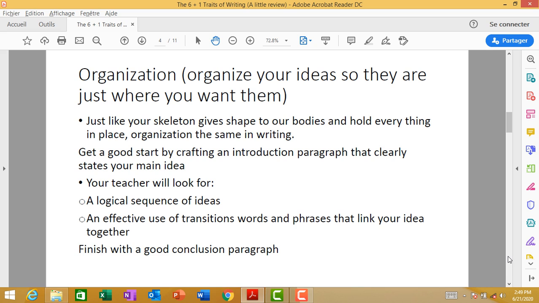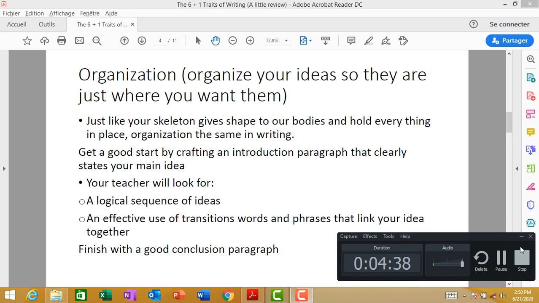So what you do is start by crafting an introduction paragraph that clearly states your main idea. Things that your teacher will be looking for will be a logical sequence of ideas, an effective use of transition words and phrases that link your ideas together. And then you will finish with a good conclusion paragraph.